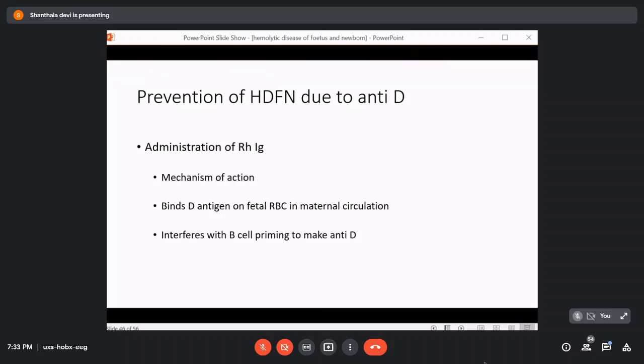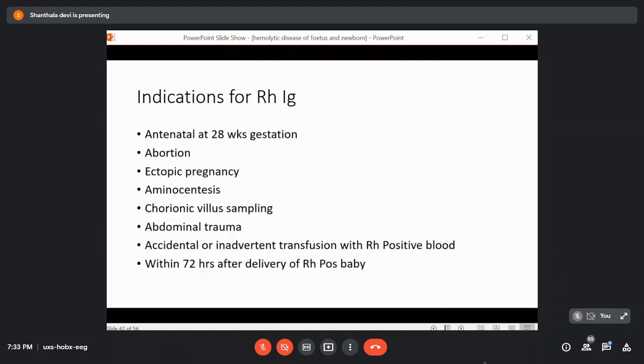This alone does not explain how the sensitization of the mother is avoided. So there is perhaps another mechanism like prevention of B cell priming, which will make the anti-D. It interferes with the B cell priming, and this is how it acts.